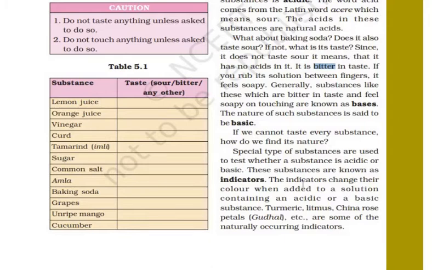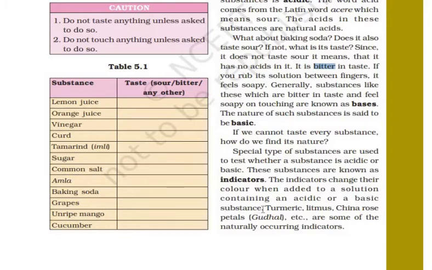These substances are known as indicators. So these substances are called indicators, which are used to identify whether a given substance is acidic or basic in nature.